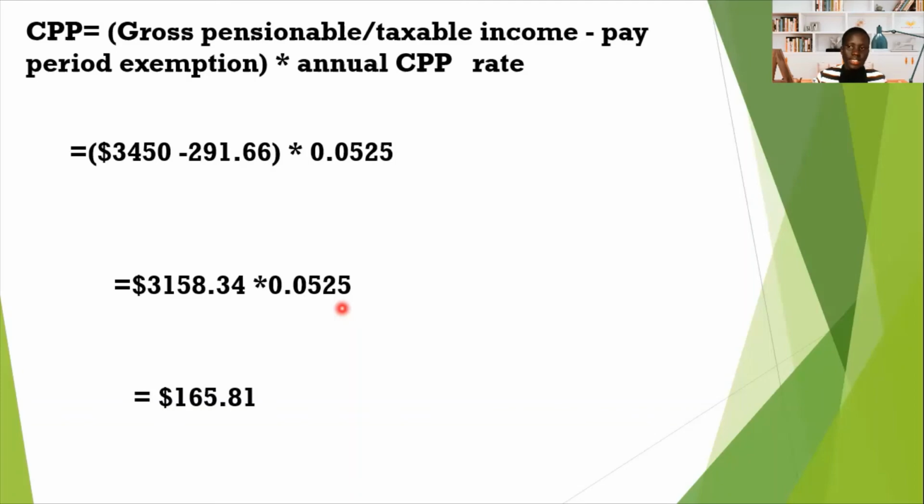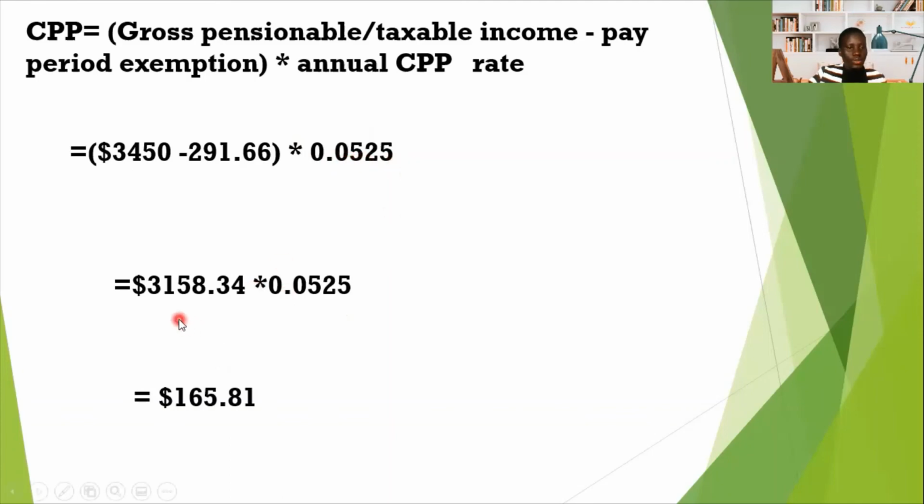With anything to do with calculation, most of the time, if you really understand the components of the formula that you're working with, it's very hard for you not to get the answer, because you just follow through and make sure your decimals are correct. It's 5.25%. So if you put 0.05 or 0.5, then it will be wrong.